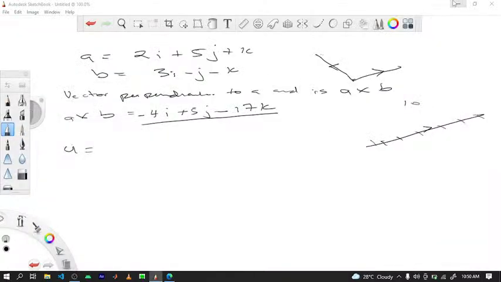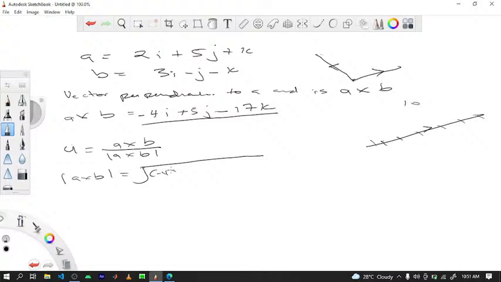So how do we find the magnitude of this? It's just A cross B over the magnitude of A cross B, right? We know A cross B already, and so we just go ahead to find the magnitude of A cross B. That is going to give us the square root of minus 4 squared plus 5 squared plus minus 17 squared, right?